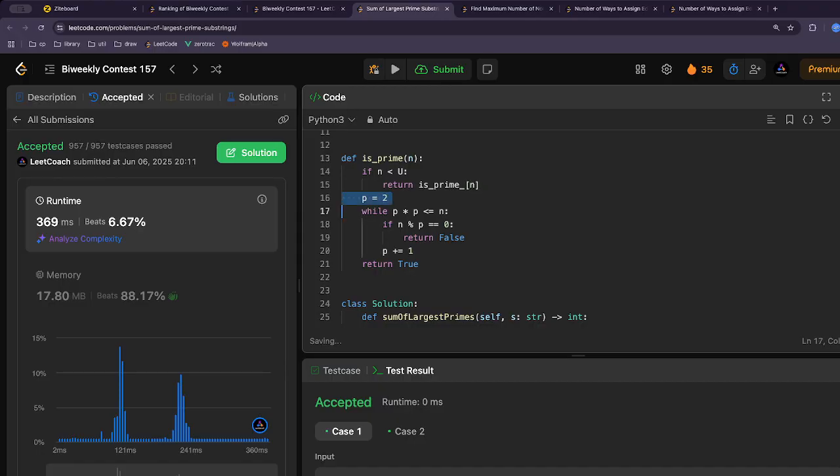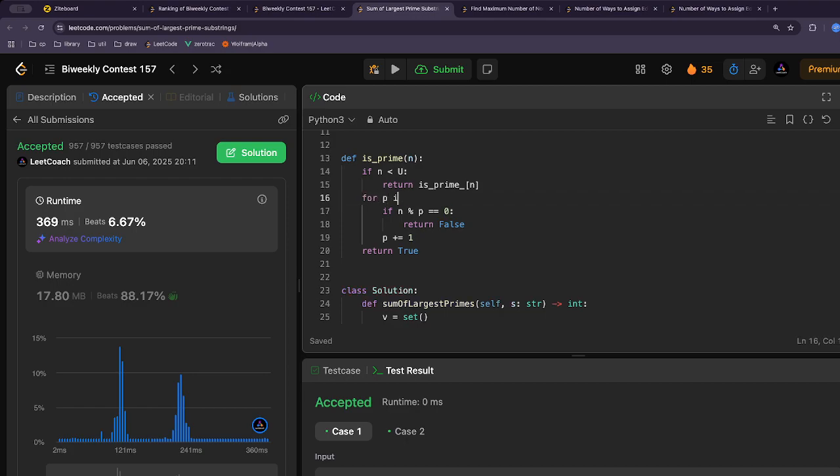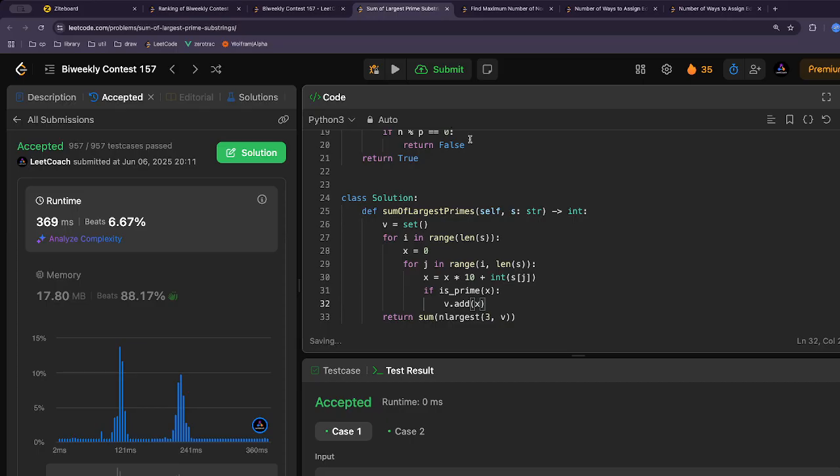And if it's not, then we just go over the primes. And again, if p is greater than the square root, we break. And we don't need to do this. And so now we have an optimization. Now it runs in 369.